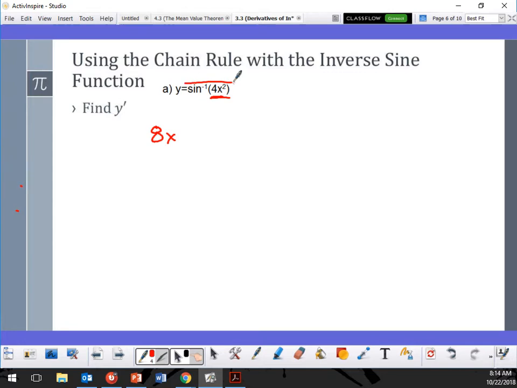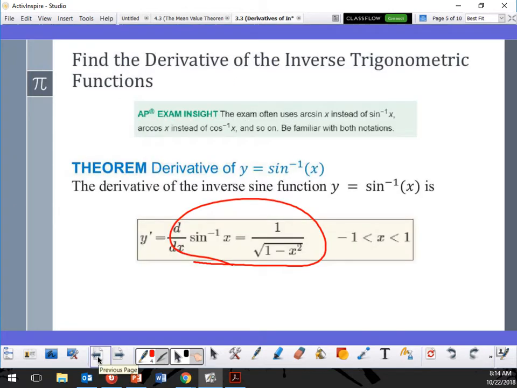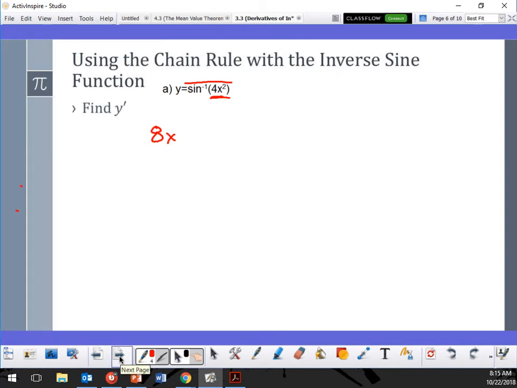Now from the previous slide, the derivative of arc sine is 1 over square root of 1 minus x squared. But in this case, what is my x? It's not just x, so it's 4x squared, right? So it's actually all of this.